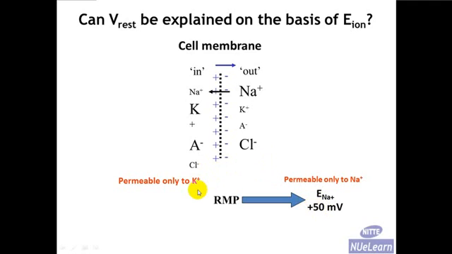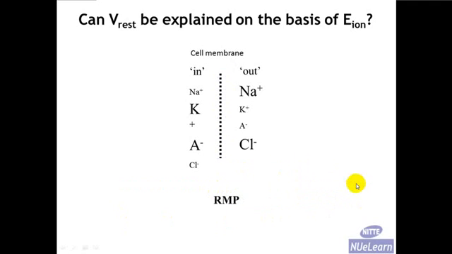So we have seen scenarios where we can imagine a membrane which is permeable only to potassium and a membrane which is permeable only to sodium. Now, in reality, cell membranes are not permeable to single ions. They are in fact permeable to many ions, and particularly if you look at the two most important ions, potassium and sodium, the cell membrane has a much greater permeability to potassium compared to sodium.